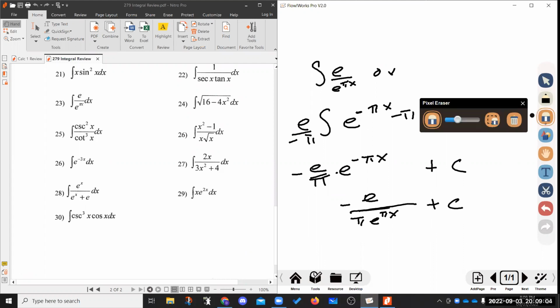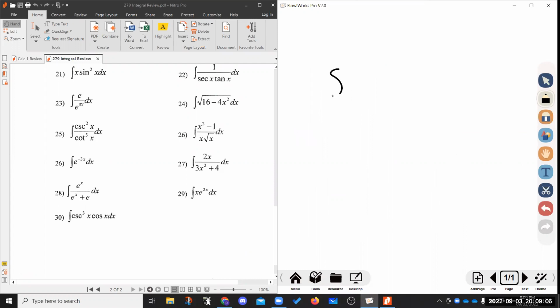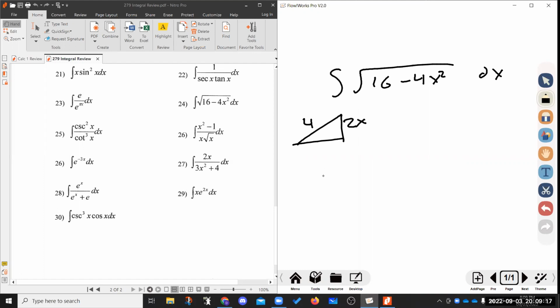Let's try number 24 now. Root 16 minus 4x squared. This looks a whole lot like a trig sub problem to me. My hypotenuse is 4. My opposite side is 2x. This is 16 minus 4x squared, so this is 4 cosine of theta.